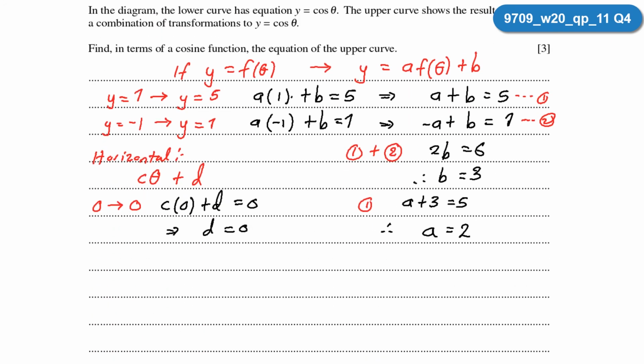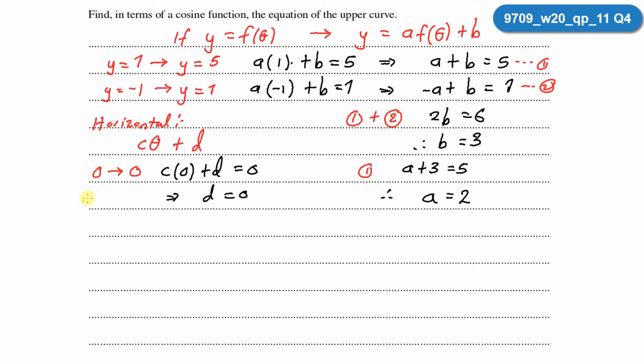So let's have that as well. The value x is equal to pi is being transformed onto x is equal to 2 pi, which therefore means that C of theta, which is pi, plus D is giving us 2 pi, which is pi C plus D is equal to 2 pi.